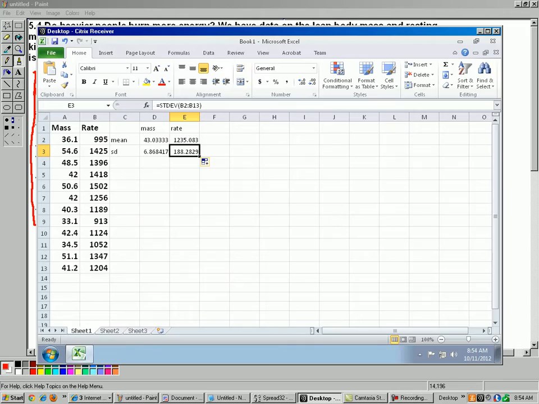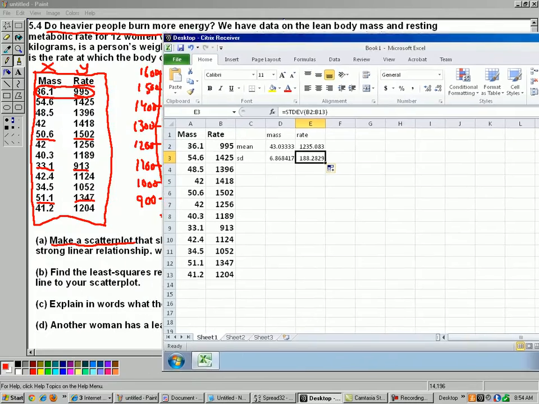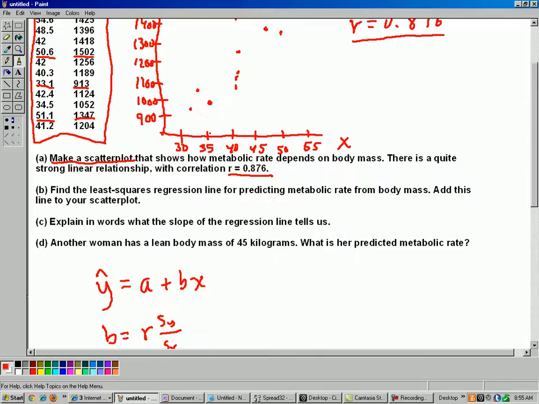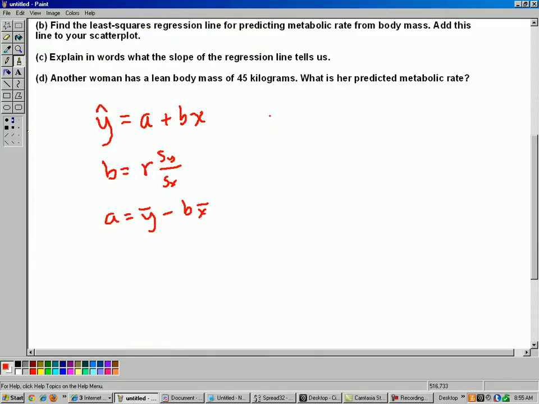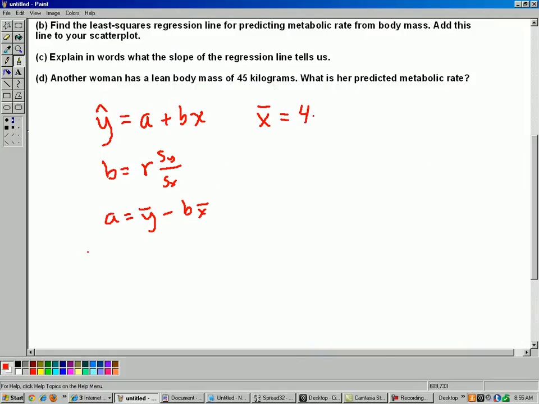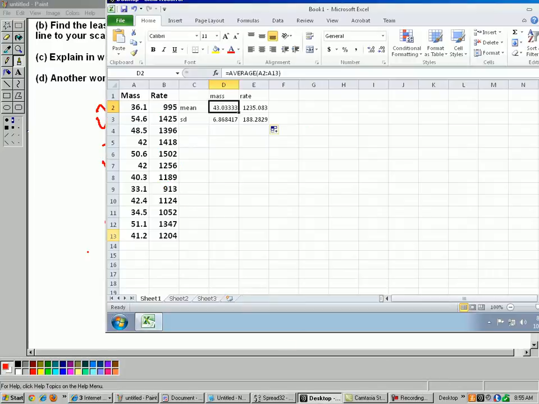So now let's move this over to the side here, and let's copy these numbers down here. So x bar is 43.03. That's probably good enough for rounding here. The standard deviation of the x's, let's go back to our Excel sheet again here, is 6.